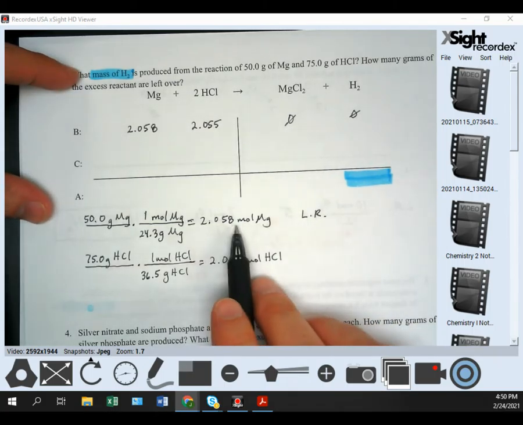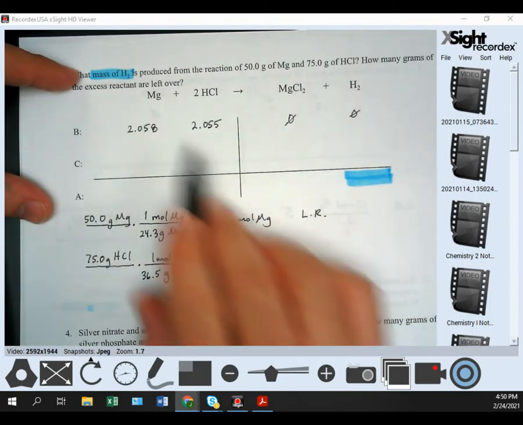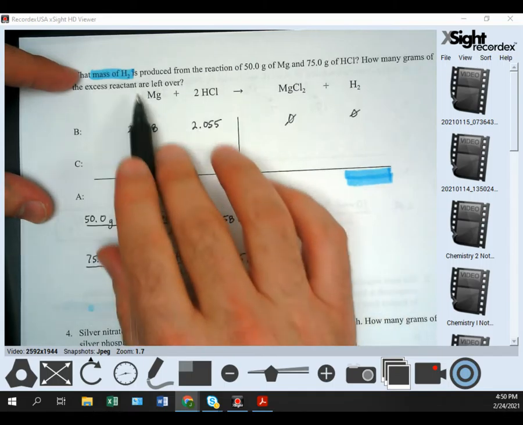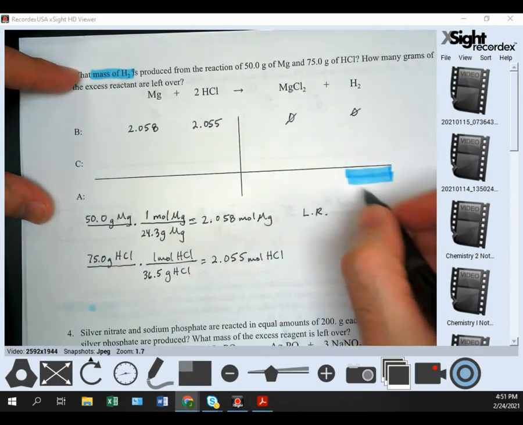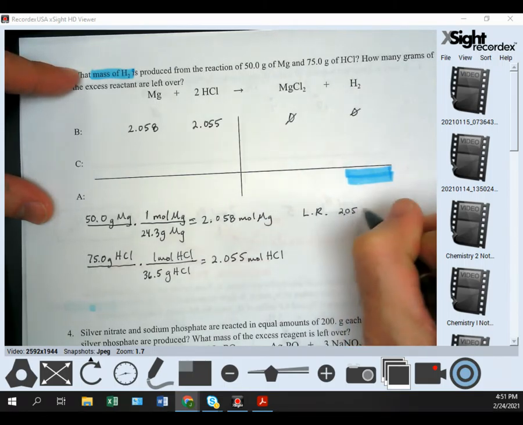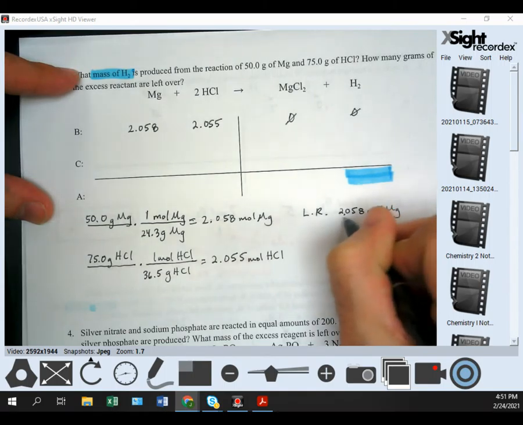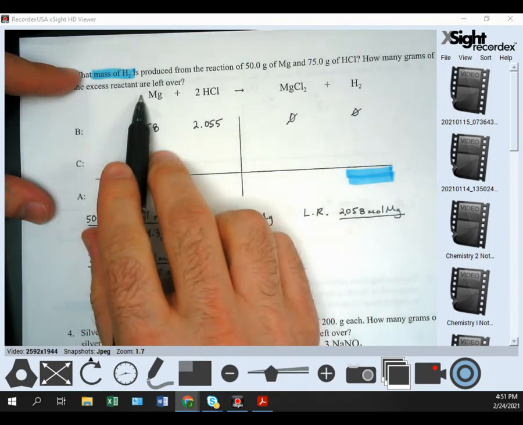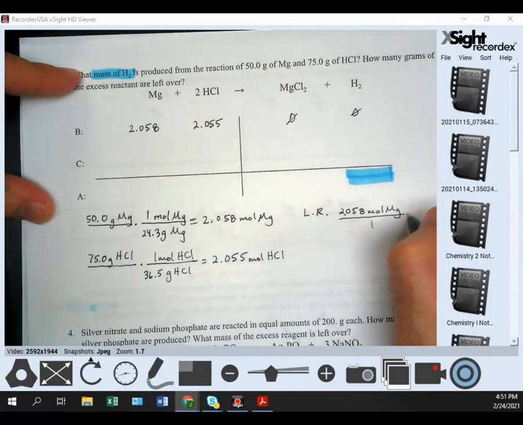To find the limiting reactant, we take the number of moles for each thing and divide it by the coefficient. So we take the 2.058 moles of magnesium divided by the coefficient in front of magnesium, which is nothing, so it's a 1. So it's 2.058.